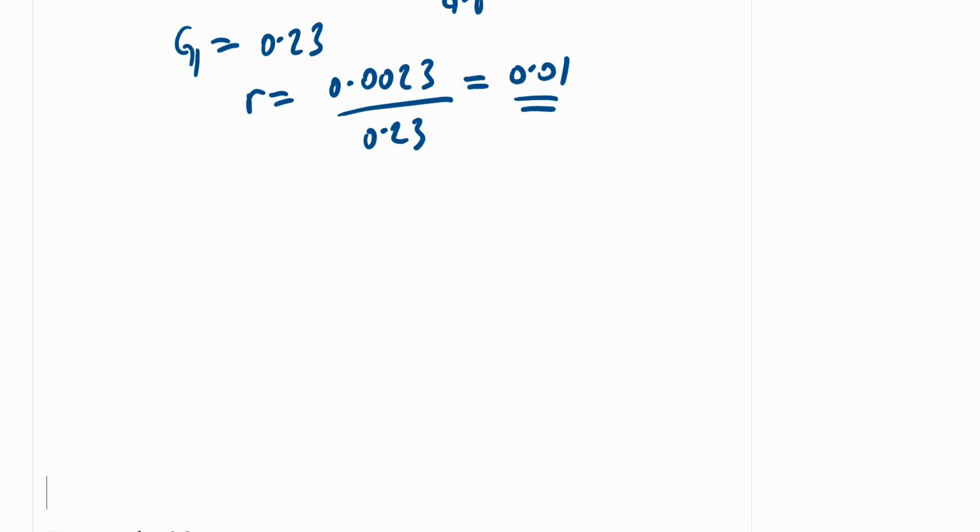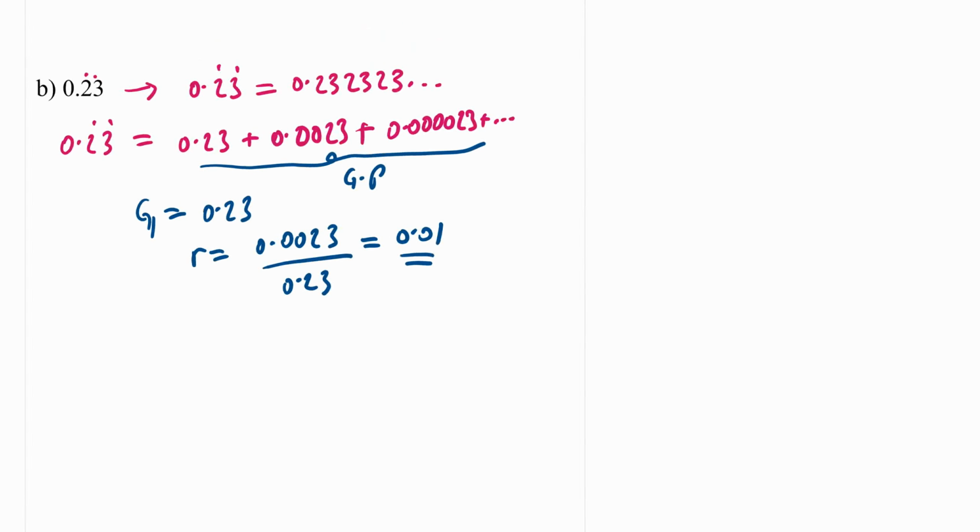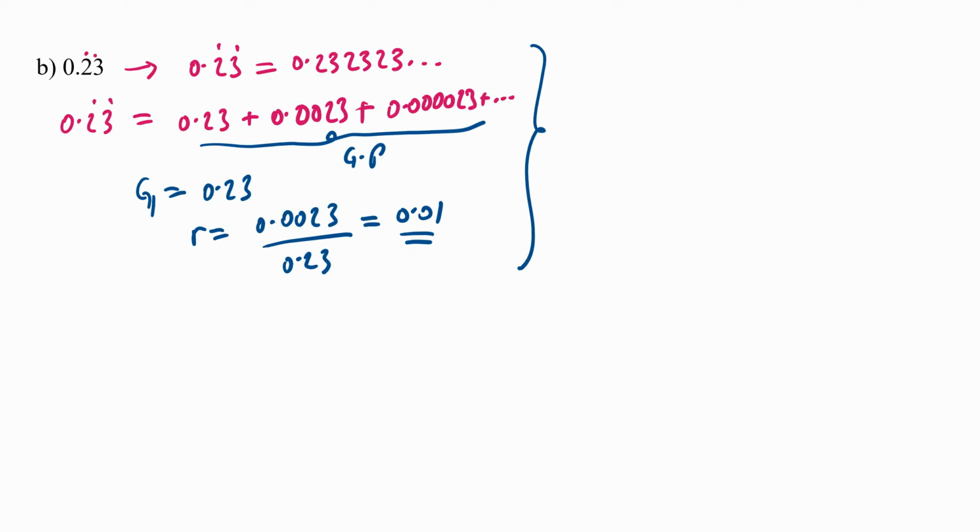Now we are going to find the sum to infinity, taking g1 over 1 minus r.